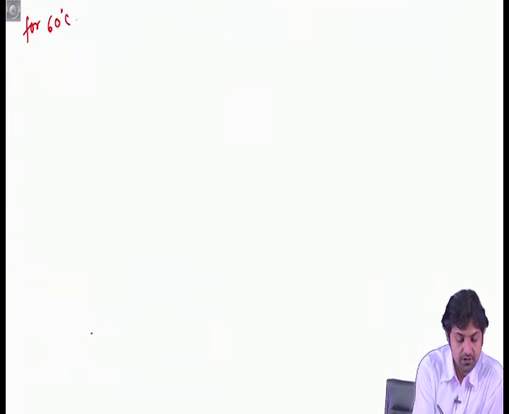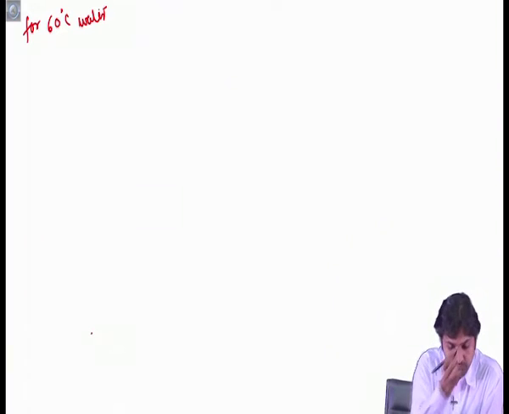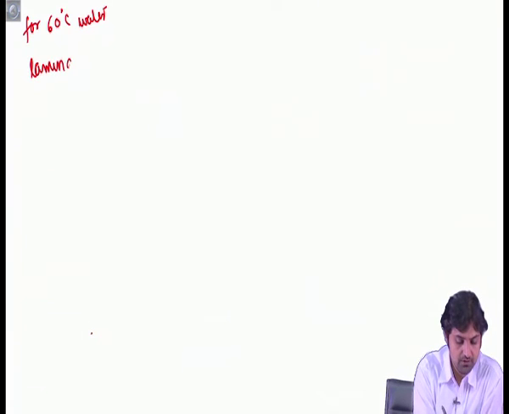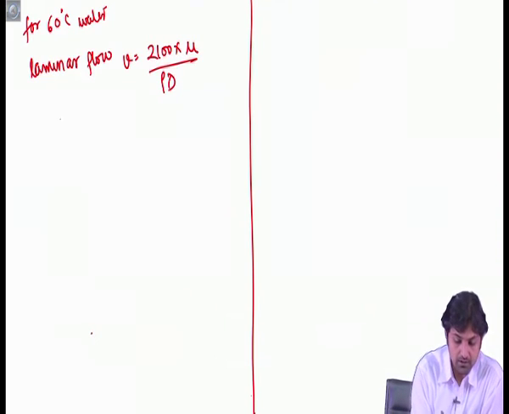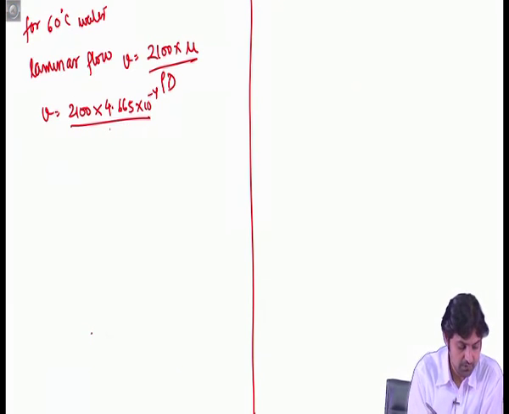For 60 degrees centigrade water, for laminar flow, velocity is 2100 into mu by rho d, and therefore the velocity is 2100 into mu, which in case of 60 degrees is 4.665 into 10 to the power minus 4, divided by density, which was 983.2, and the diameter remains same.